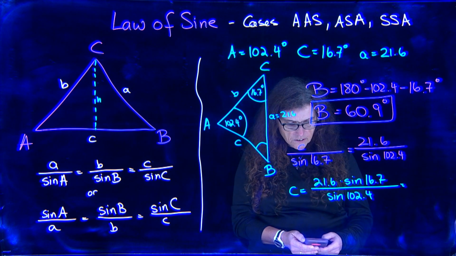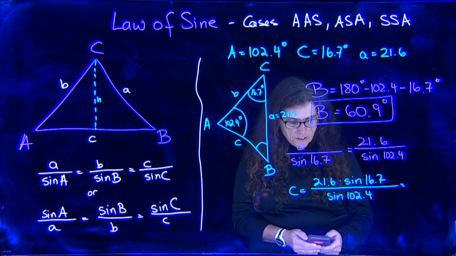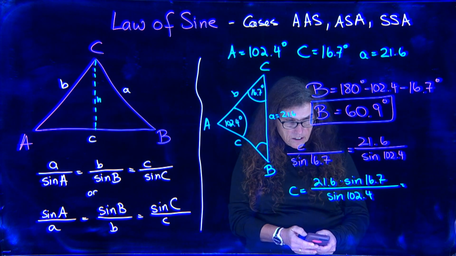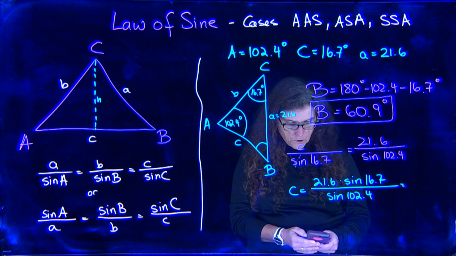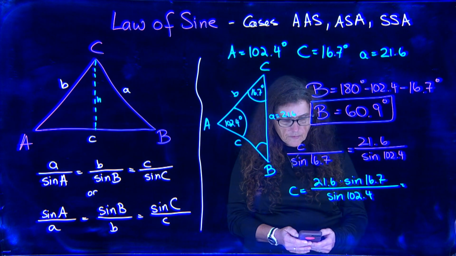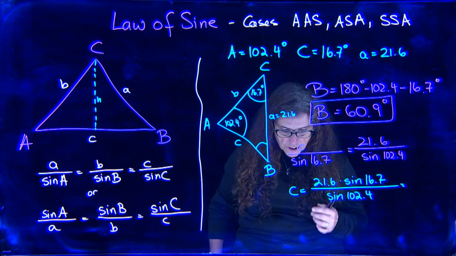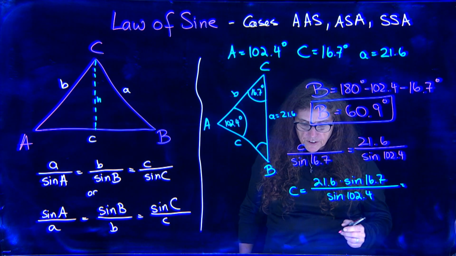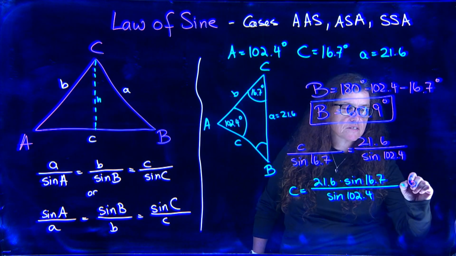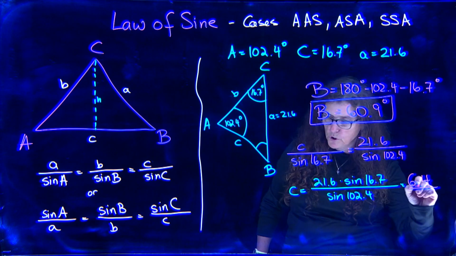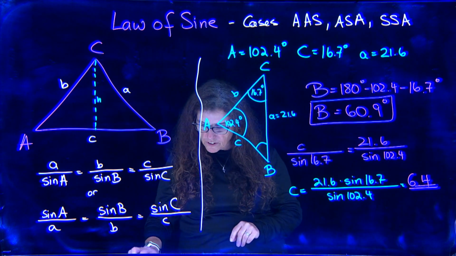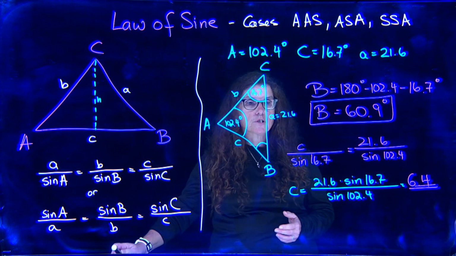I'm going to press enter then and divide all of this by the sine of 102.4. That leaves me, like I said, I want to round it to 1 decimal place, 6.35. So side c is 6.4 units. Units are not actually given, so we just call it units.